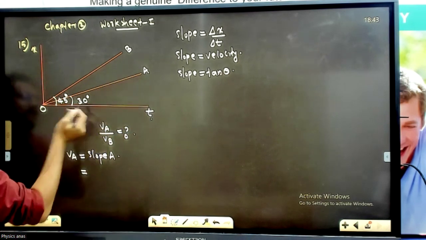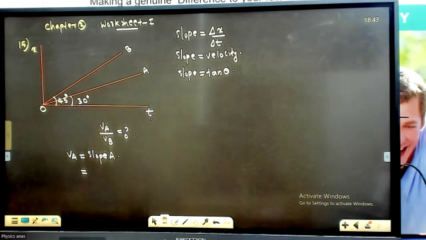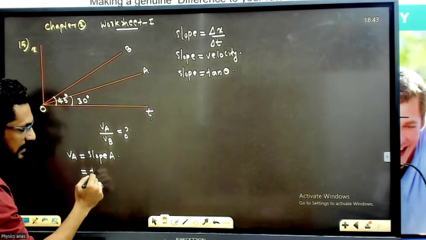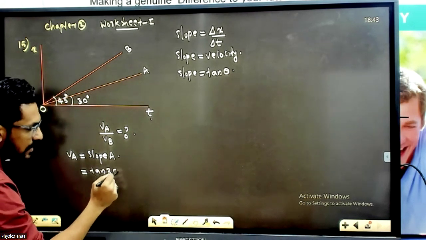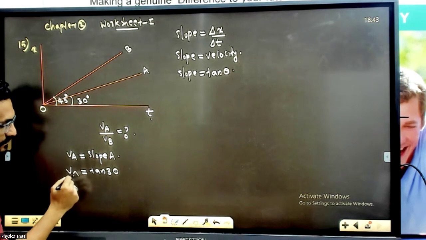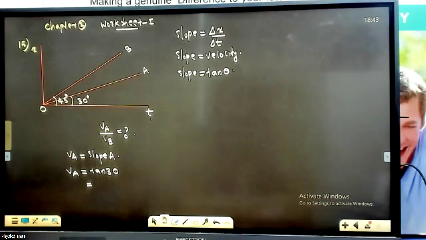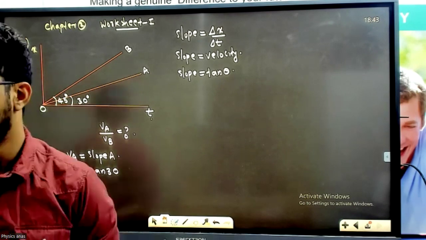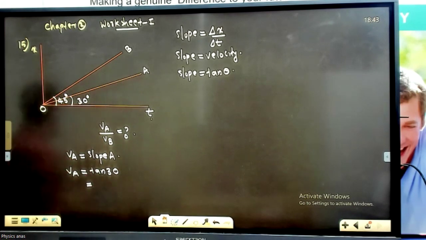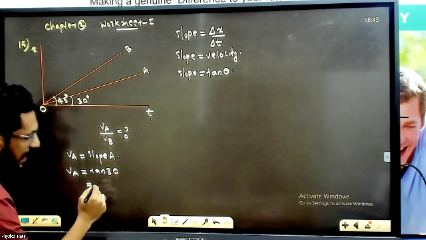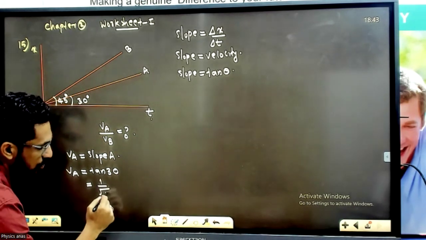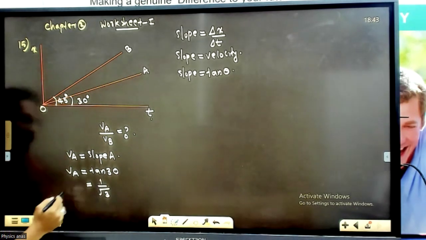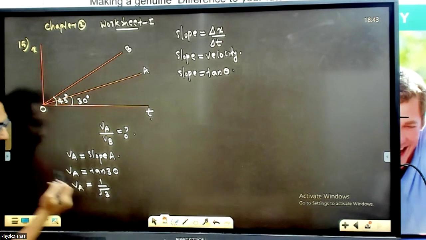A is having this angle, 30 degree. So tan 30 will be the value of the velocity of A. What is tan 30? 1 by root 3. You have to remember it. That's the value of VA.